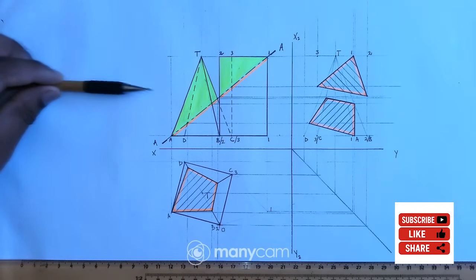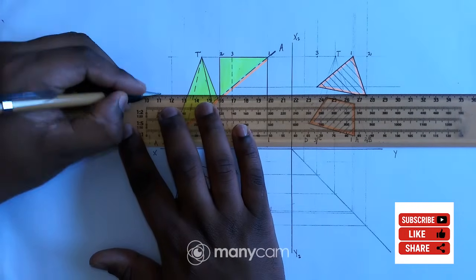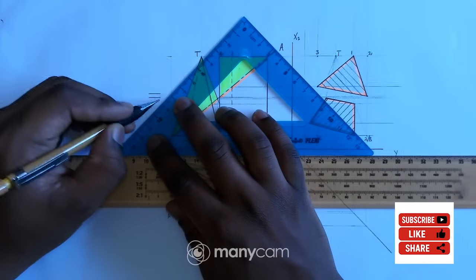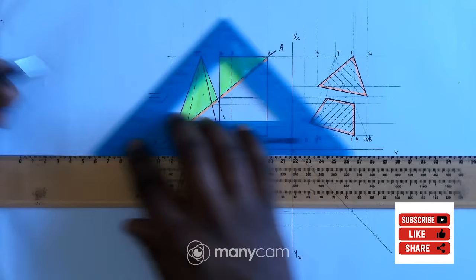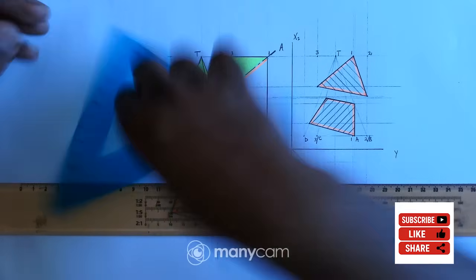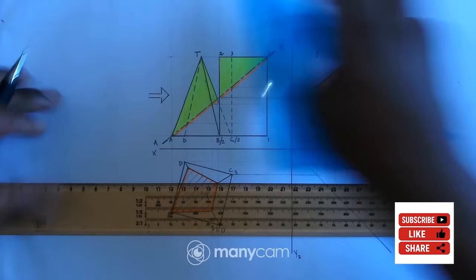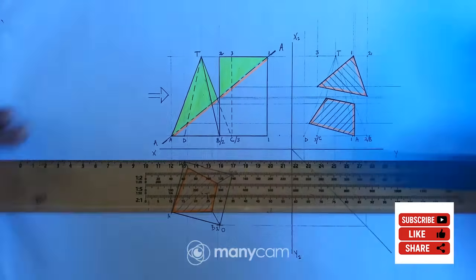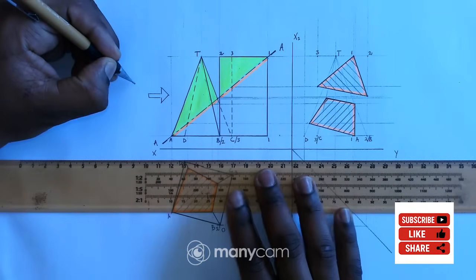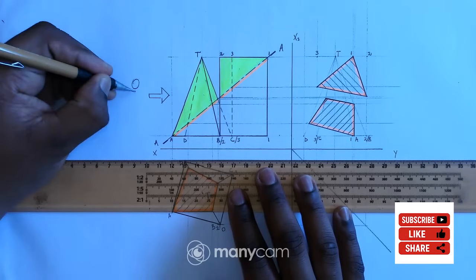So I'll start with the pyramid, because obviously looking from this direction, let me just add an arrow there. That means we are looking at these 2 solids from this side.